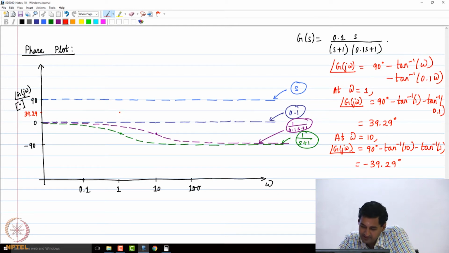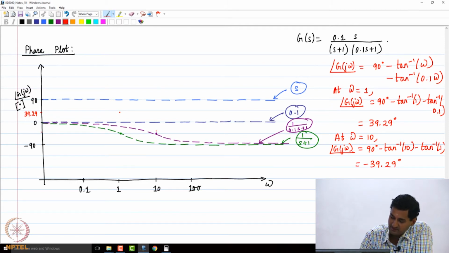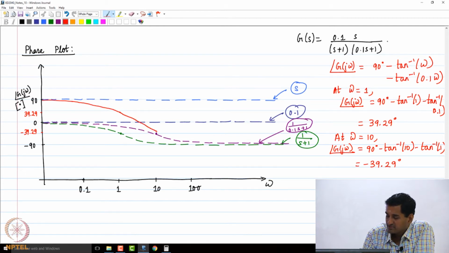So, at 10 I am going to have something like this, okay. So, this is going to be minus 39.29. So, what I need to draw is a phase curve which essentially starts from 90 and then passes through these two points, right, and then ultimately goes to minus 90, okay, as omega tends to infinity.